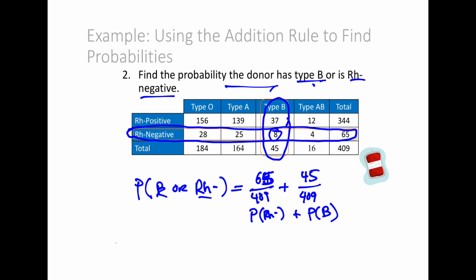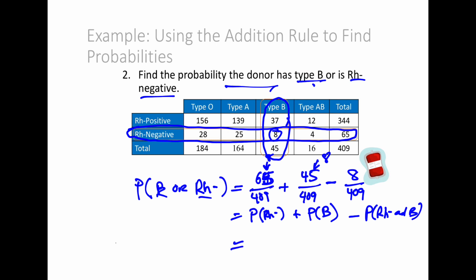There's 8 that were counted in both row and column. So the probability of Rh negative and B is 8 out of the 409. I need to subtract it once because this contains that 8 and this contains that 8, so I've overcounted by 8, and so I need to subtract 8 to undo the overcount.